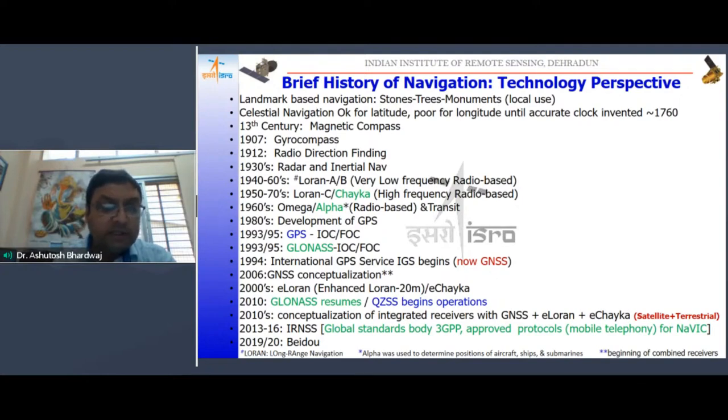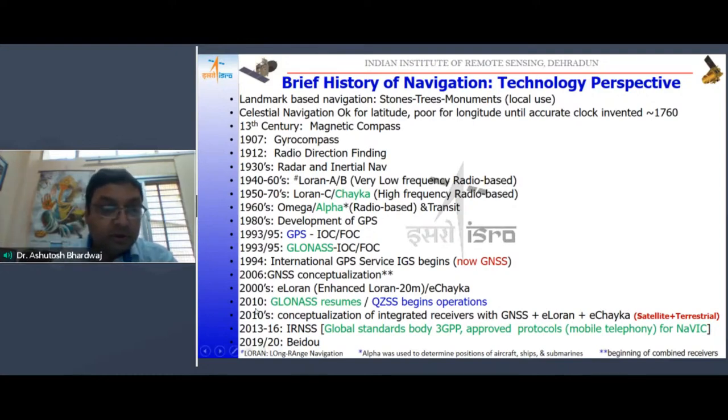But soon it was understood that the satellite-based navigation systems are also not totally dependable because of some international developments. So again, the development of the Loran system and the Chayka system started. E-Loran, that is the enhanced Loran, started developing in the early 2000s, and E-Chayka, that is enhanced Chayka, also started. So we are back to the ground-based navigation systems now.